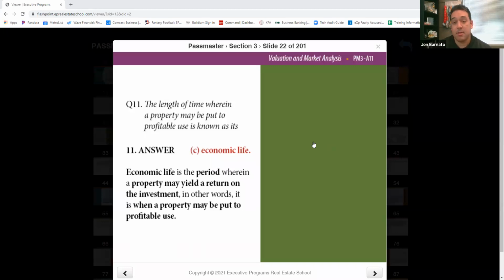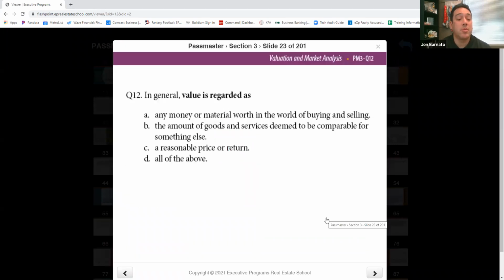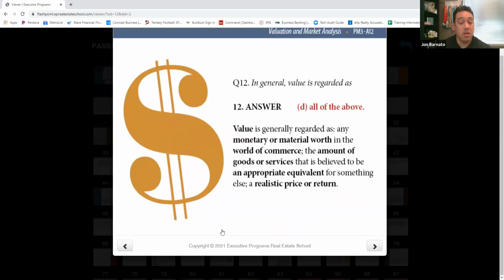Economic life. In general, value is regarded as what? What is value? I would say C, reasonable price of return. It is actually D, all of them.